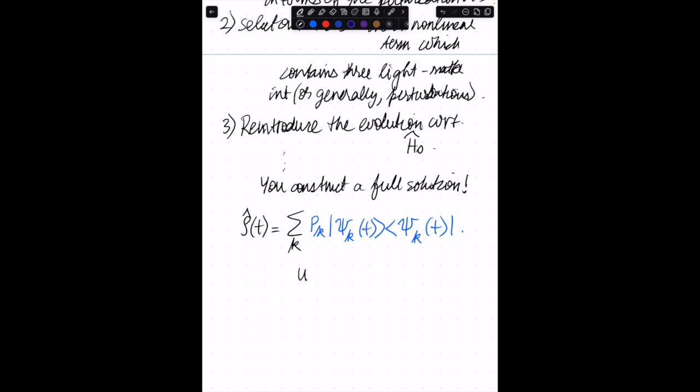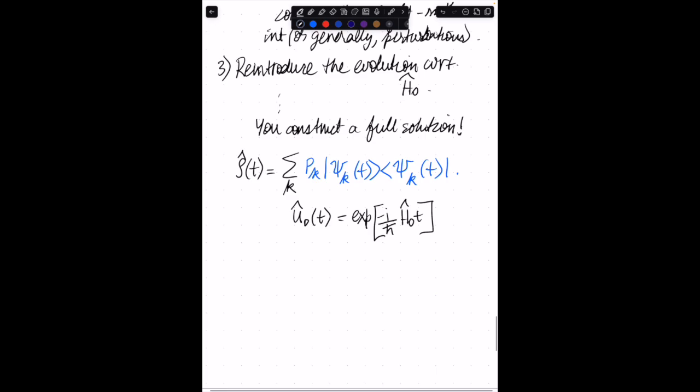So consider the time evolution operator with respect to the matter system given as such, and of course it will take on the form exponential minus i over h bar H0 t. So this evolves the quantum system with respect to the zeroth order Hamiltonian from time 0 to time t.